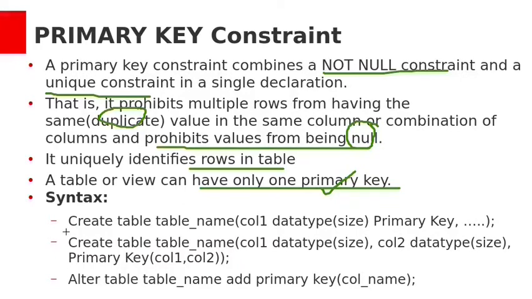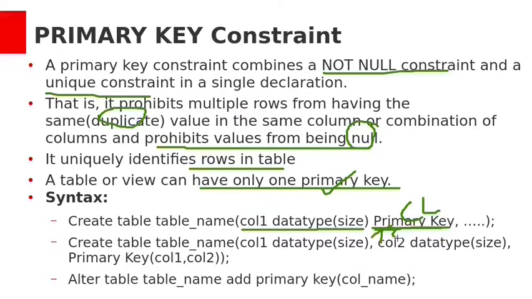Syntax for this primary key constraint. While creation of the table, we can specify this primary key for the specific column. This is the column level. Create table, table name, column 1, data type and size, and this constraint primary key. We can even specify this primary key constraint by using table level syntax.